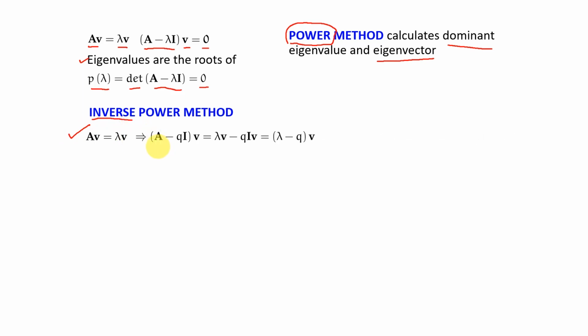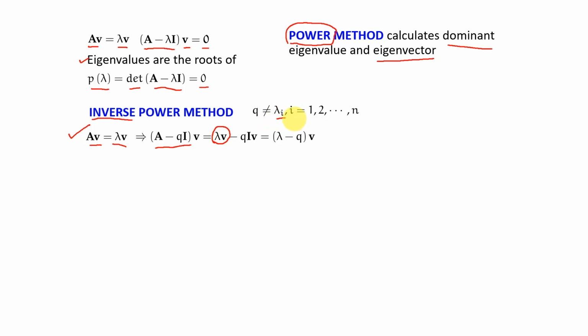Here also we start from the same system AV equals lambda V. If I now write (A minus QI) V, that will give me AV minus QV. Instead of AV, I can write lambda V because I know AV equals lambda V. Here, Q is a number which we try to choose such that Q is different from all the eigenvalues.